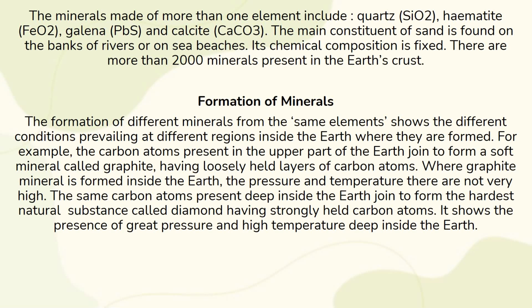Where graphite mineral is formed inside the Earth, the pressure and temperature there are not very high. The same carbon atoms present deep inside the Earth join to form the hardest natural substance called diamond, having strongly held carbon atoms. It shows the presence of great pressure and high temperature deep inside the Earth.